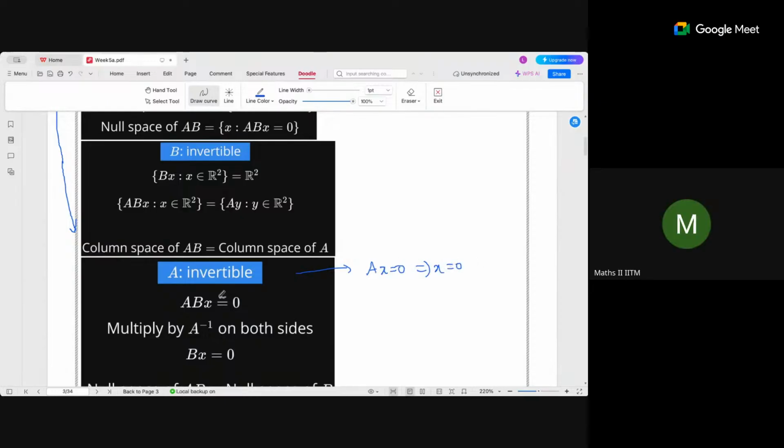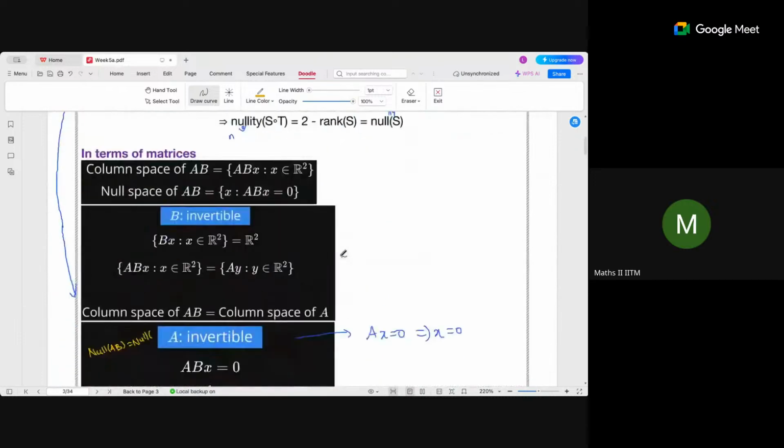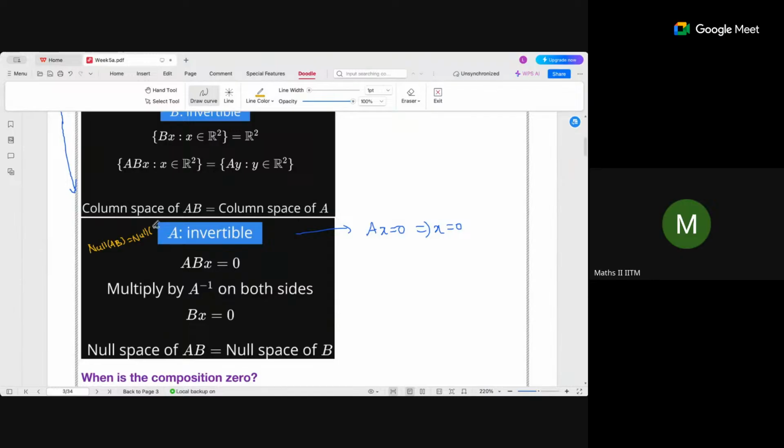Now I want to show that when A is invertible, null space of AB is same as null space of B. So this is what I want to prove. Okay. Now if I take any vector x in null space of B, so what is ABx?